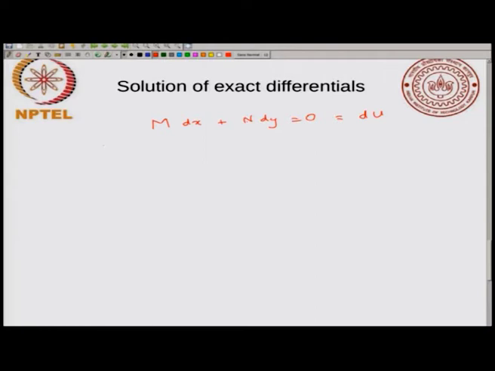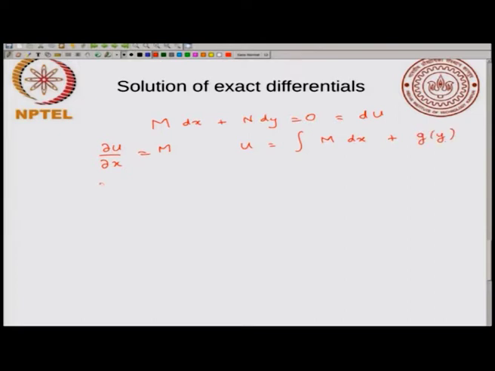So, what you said is that dou u by dou x equal to m, and so I can write u as integral m dx plus some function, I will just call it g of y.